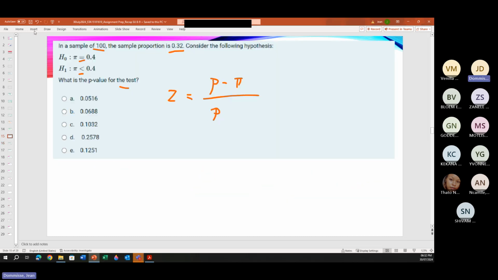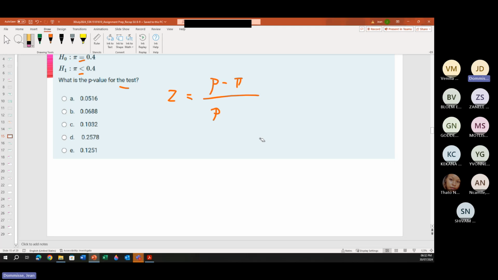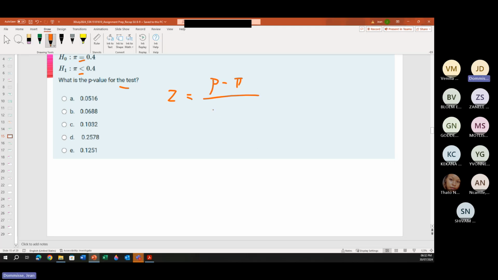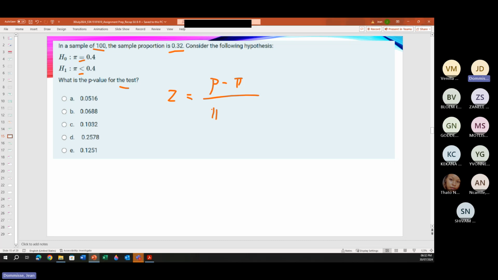Let me make sure I don't use the wrong formula, because if you use it wrong and replace the population proportion with the sample proportion, you will get a different answer, which is one of the other options.